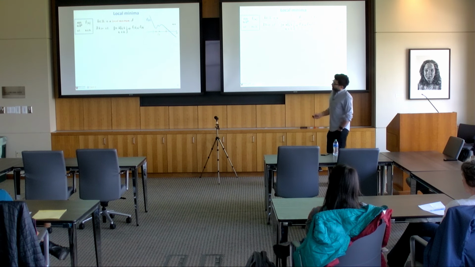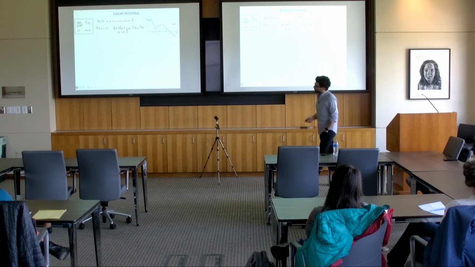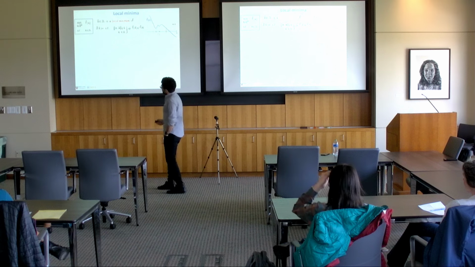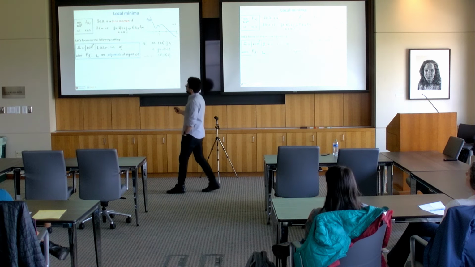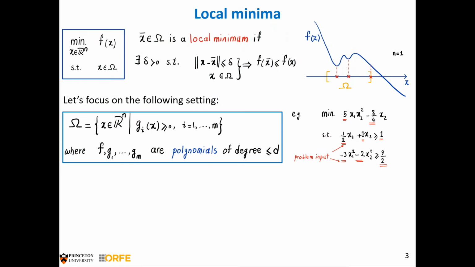Now, if I want to talk about the complexity of finding a local minimum, I have to tell you how f and omega are represented. And for this talk, I want to focus on the case where the objective function is a multivariate polynomial, and the feasible set is a basic semi-algebraic set, so it's a set defined by finitely many polynomial inequalities.